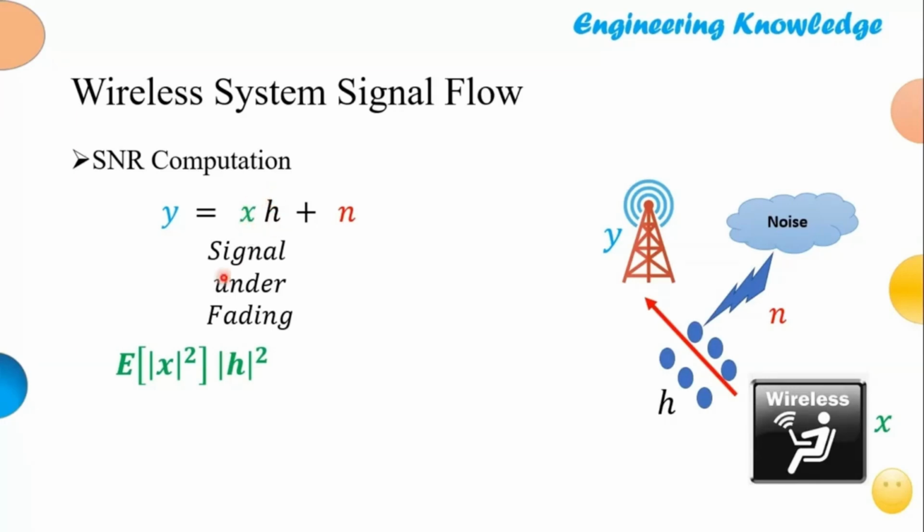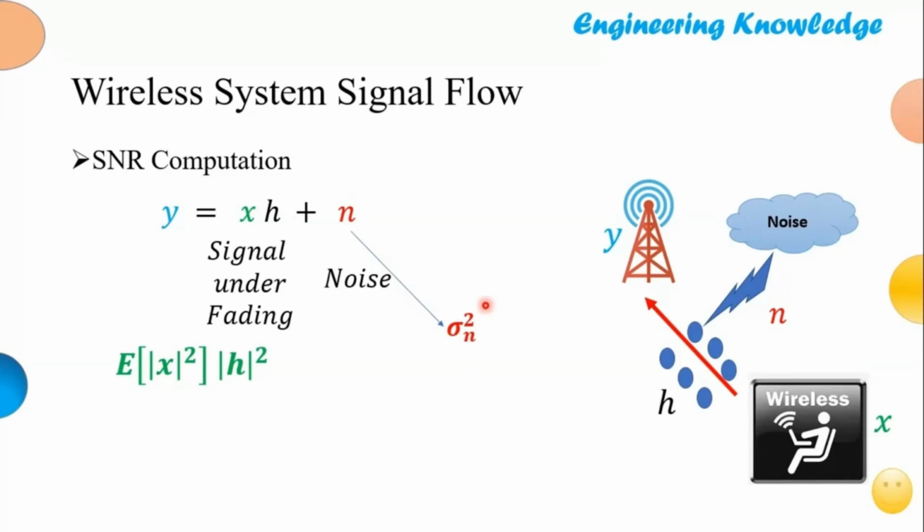These both constitute the signal power in the SNR computation. What is the noise power? The noise power is simply that of the additive white Gaussian noise, and it can be computed in terms of its variance. Again, it is a statistical representation, not deterministic.